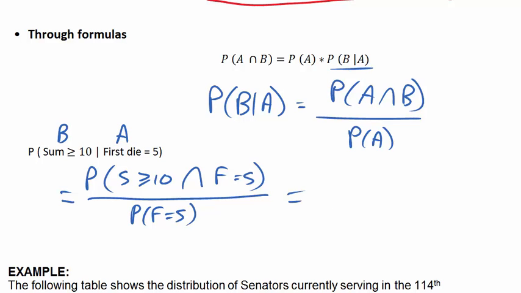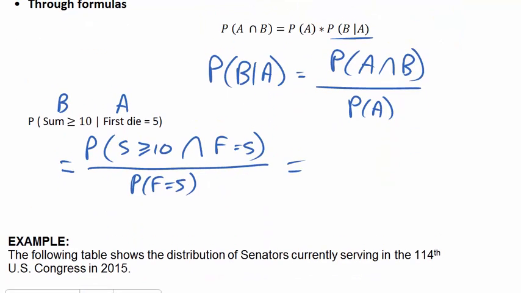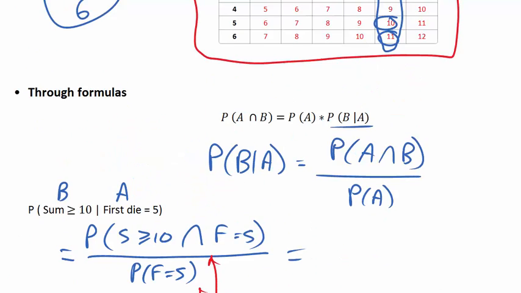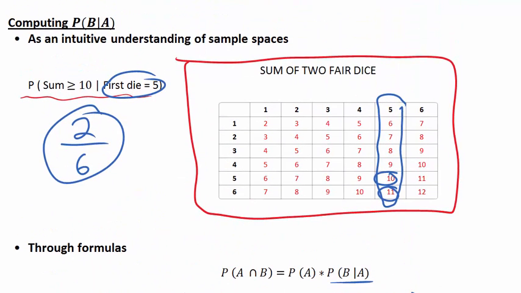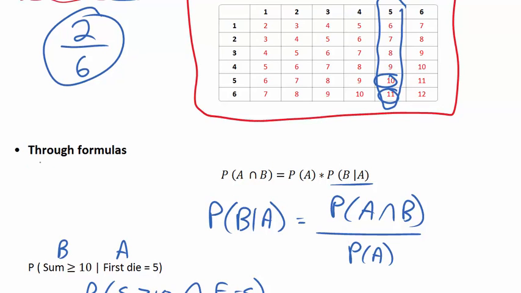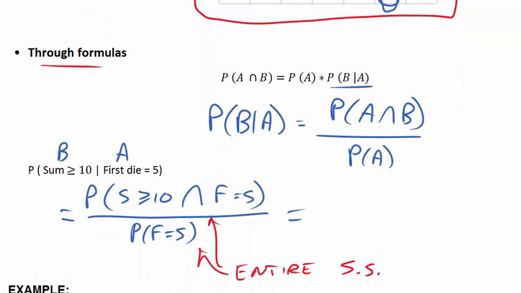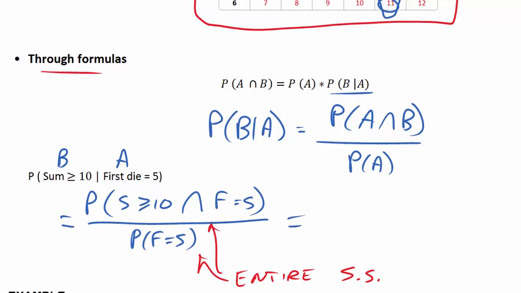So if I go back and look at these, now what's important to remember is that these two probabilities are both referring to the entire sample space. So when you try to compute conditional probabilities using the intuitive understanding, what you do is you restrict the sample space. If you want to think of them through formulas, then what you're going to be doing is looking at the entire sample space at once. So I needed to compute the probability of the sum being greater or equal to 10 and the first die being a 5.